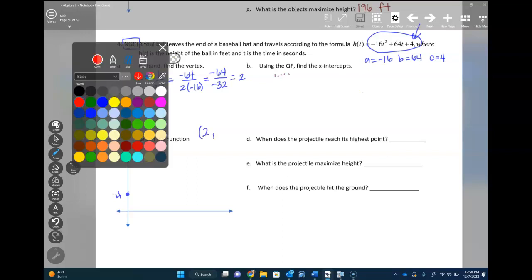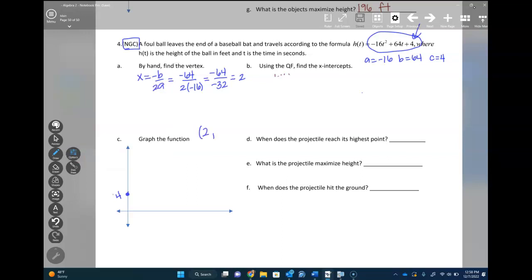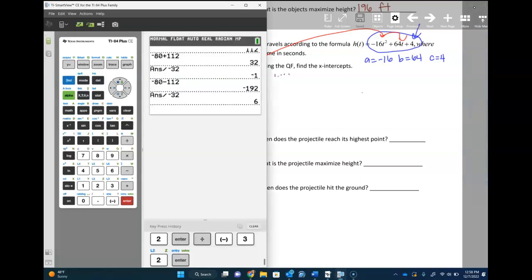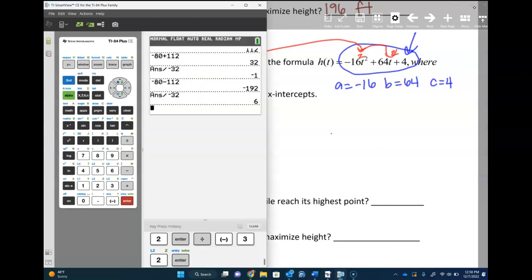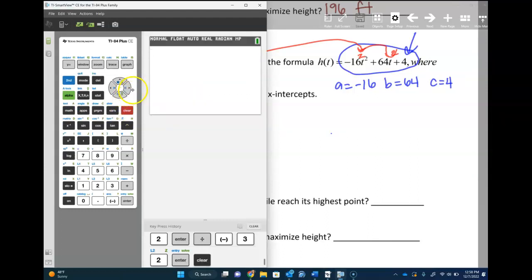To find the y, what do you do with 2? You plug it in. You plug it into all the t's. I'm going to plug in 2 to this value here and this value here. So let's get that up. Negative 16, parenthesis 2 squared, then what?